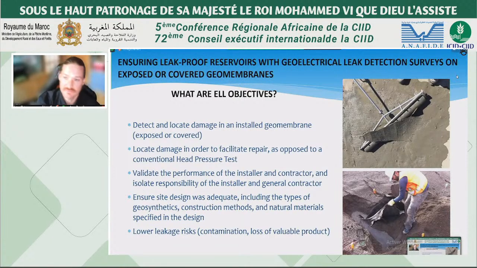The objective of the leak location method are, of course, to locate leaks, to have them repaired. But what's the main goal behind that? It can be to validate the performance of the installer to make sure they have done a proper job and a clean work. It can be used to also evaluate the quality of a design.